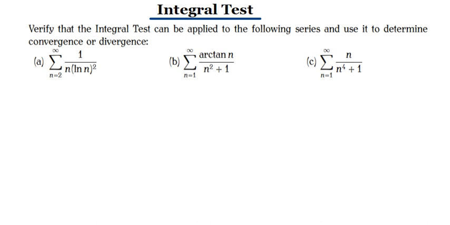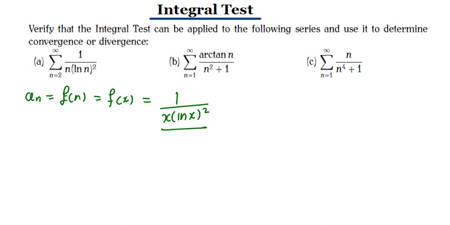All right. So having said that, your a sub n is equal to your f of n, which I can actually write as f of x. This is equal to 1 over x ln of x squared. I don't want to use n. You can use n, it's fine, but preferably use x.